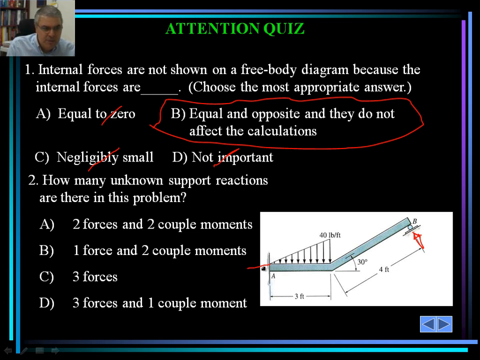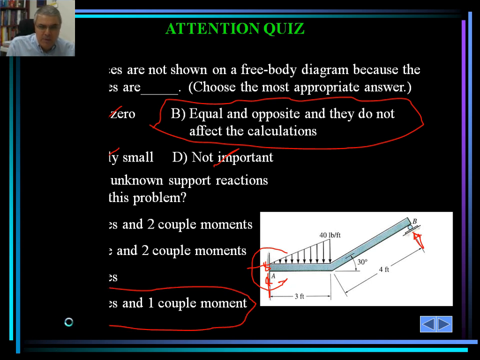This is rigid, so we're going to have one force in the x direction, one force in the y direction, and there would definitely be a moment. Let's assume the direction of the moment to be counterclockwise. So we're going to have 3 forces and 1 couple moment. So the correct answer is D, 3 forces and 1 couple moment.